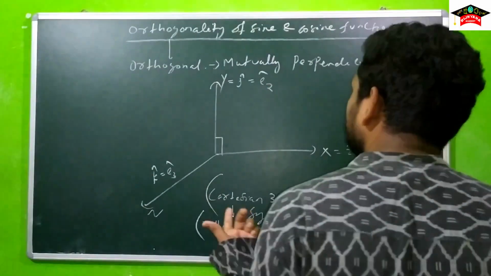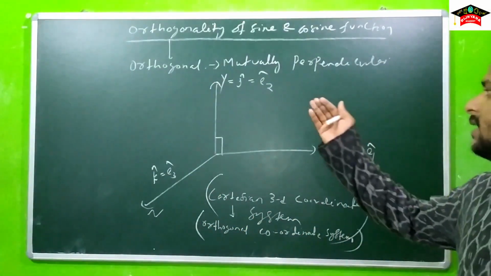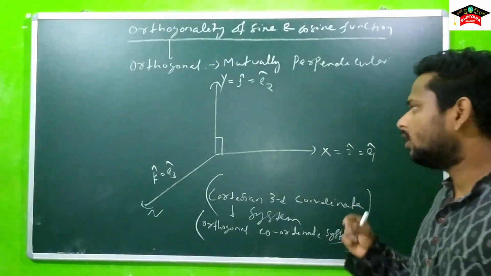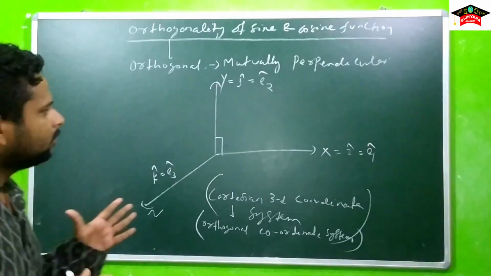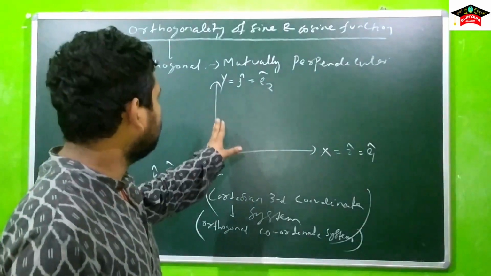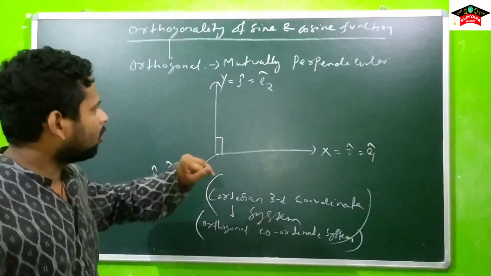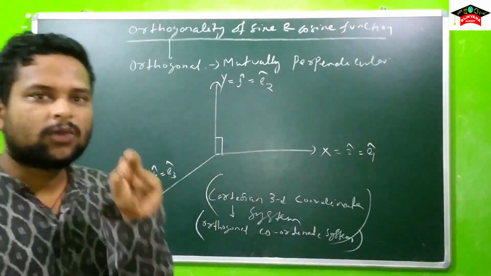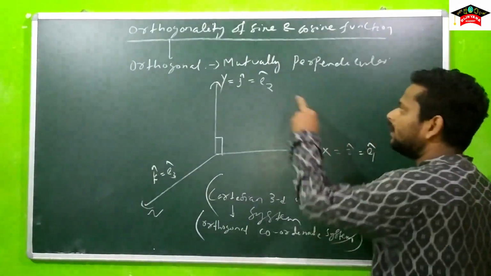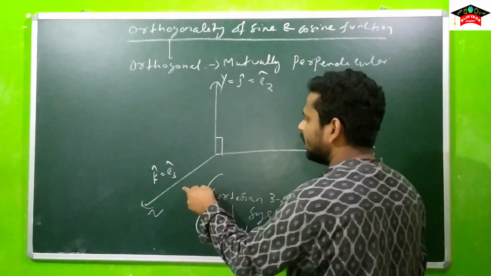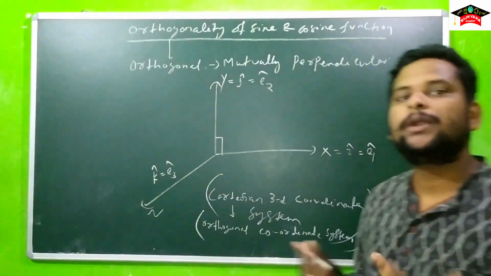Mathematically, to understand this, we cannot draw the diagram or simply say the angle is 90 degrees. So we have taken some assumptions based on the principle of orthogonal behavior. If you perform a dot product operation on any two vectors, let us say E1 cap and E2 cap, or E2 cap and E3 cap, or E1 cap and itself, the answer will be different.